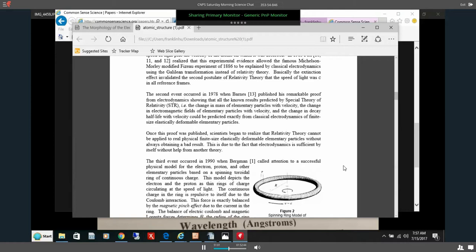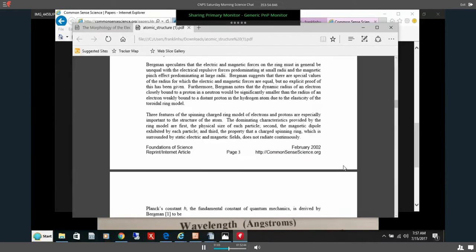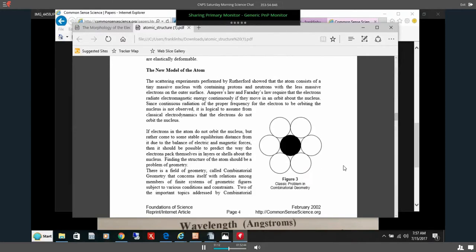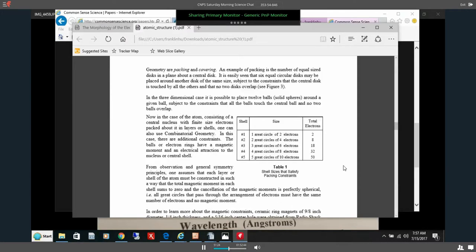I know he participated in a couple of our conferences, and he was very keen on this toroidal soliton theory. There seem to be a lot of people working on this. Given the fact that there's a lot of people talking about this, why is it that mainstream physics continues to ignore this whole idea of the toroidal structure as a fundamental structure?